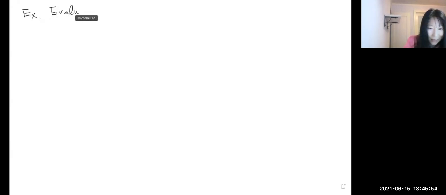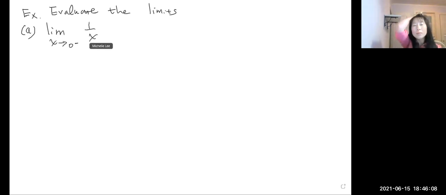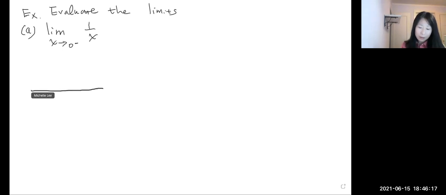Evaluate the limit from the left. They ask us only one side, okay? So 1 over x looks like that, right?